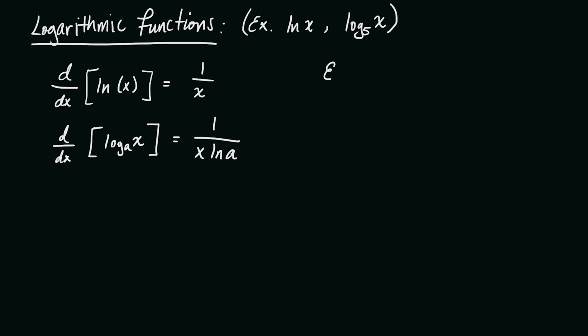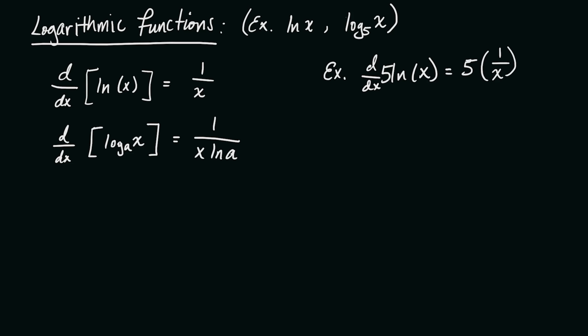As an example, find the derivative of 5 times ln of x. Now 5 is the coefficient here, so we place it on the outside, so that would just be 5 times 1 over x. That's simple.